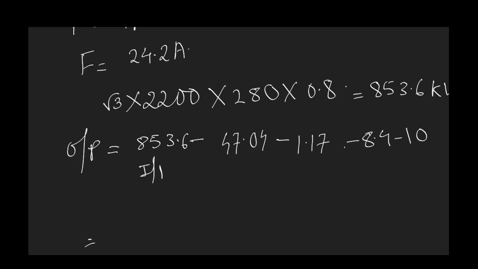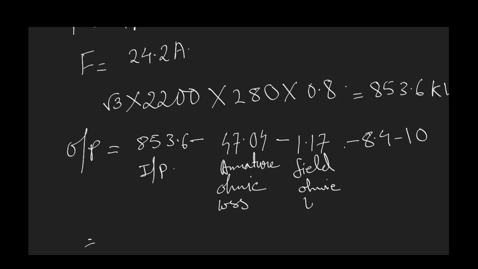So let me again mention, this is input, this is armature ohmic loss, here field ohmic loss, here core loss, this is a constant loss.